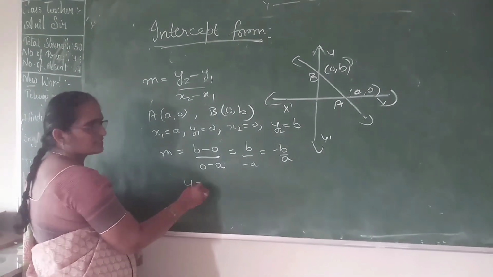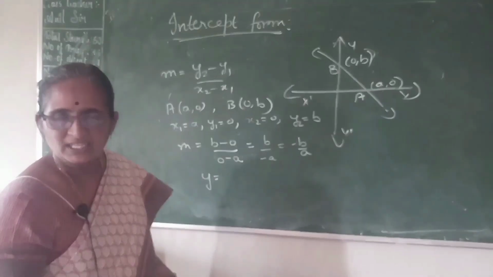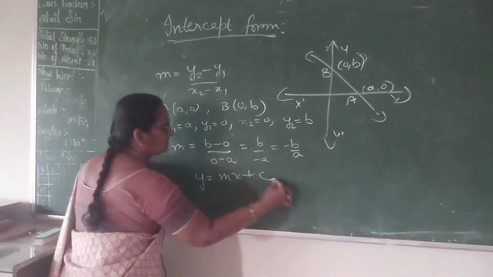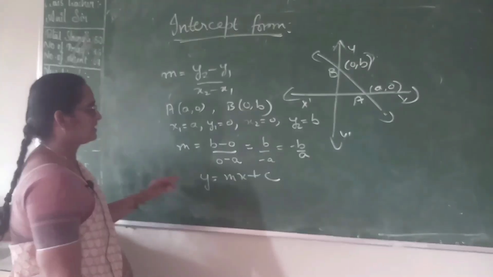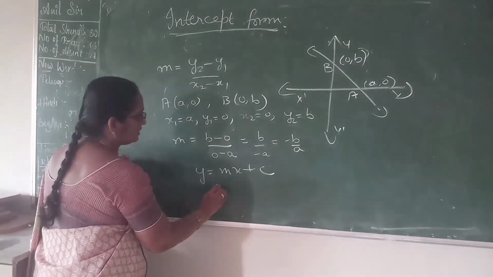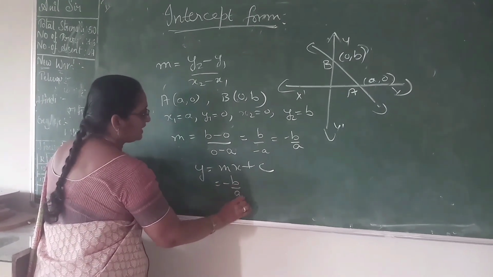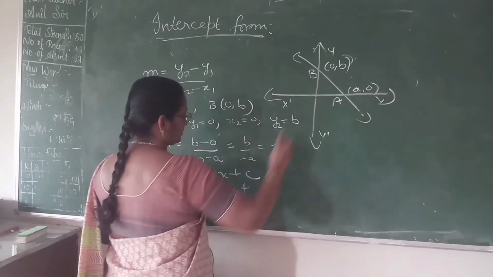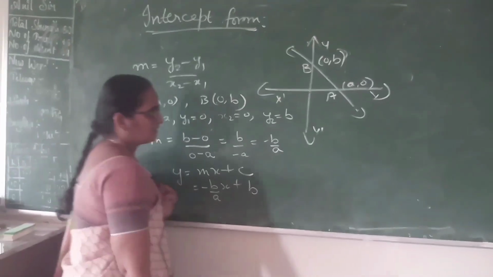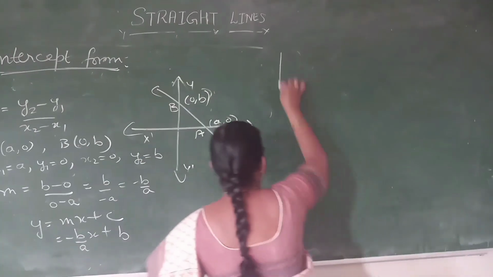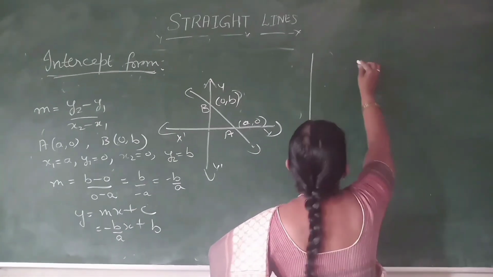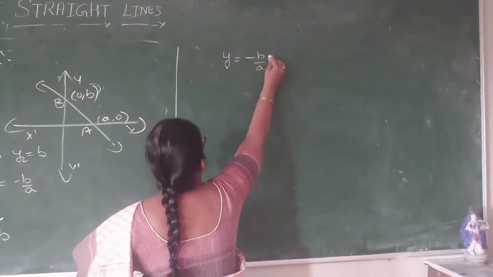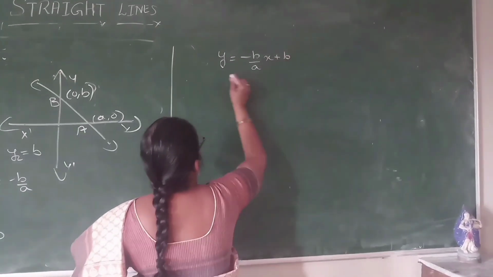Y is equal to mx plus c. In place of m, you write minus b by a x. In place of c, this is the y-intercept, so the value here is b. So the equation is y is equal to minus b by a x plus b.